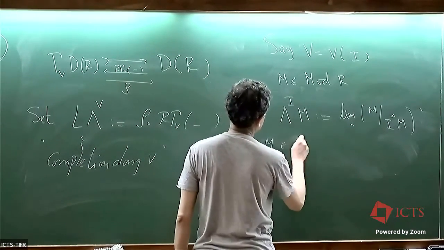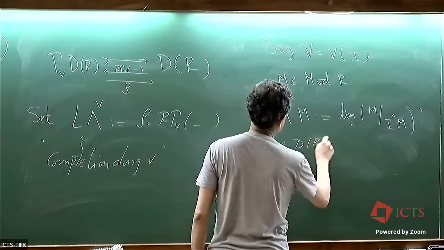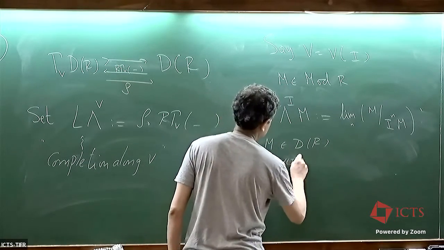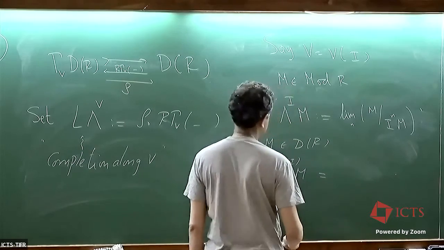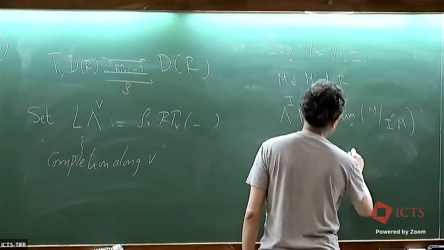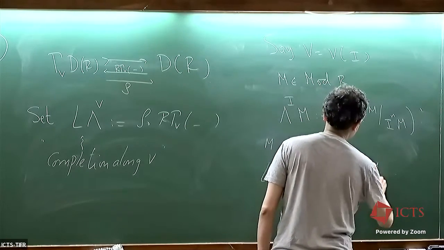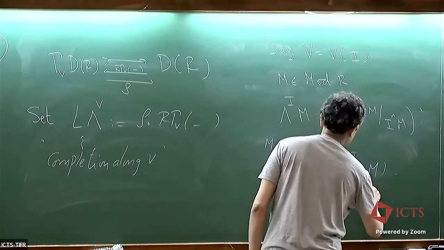If you look at this, then this EI of M is applying the I-adic completion functor to any projective resolution of M. This is a projective resolution.